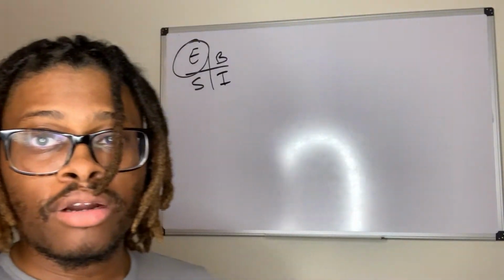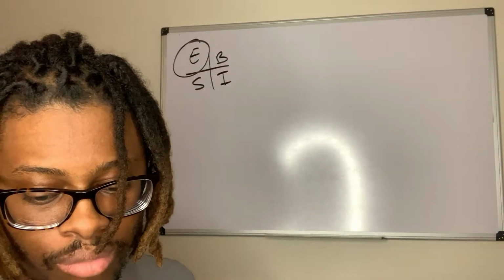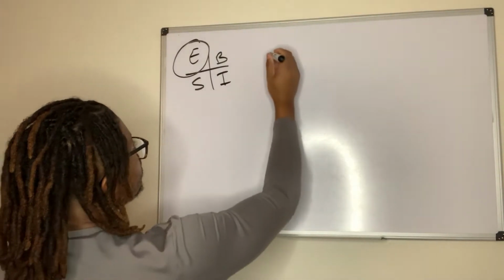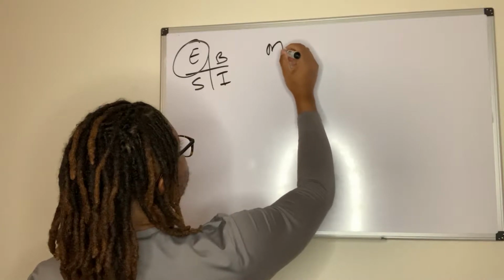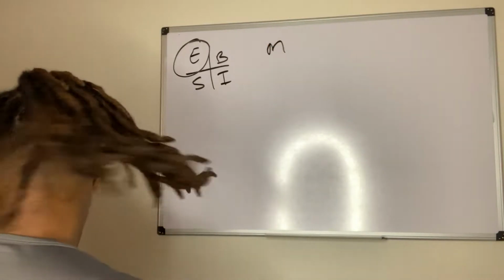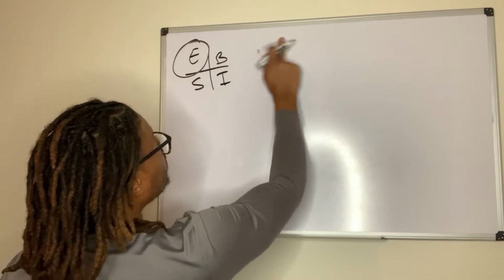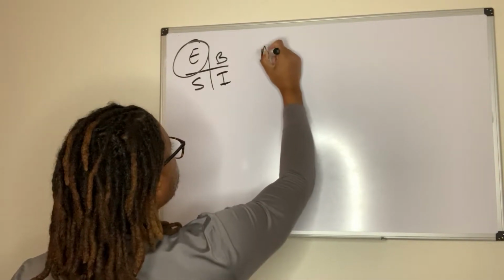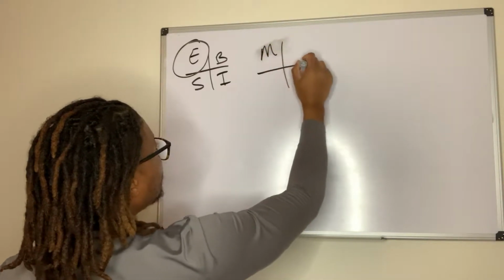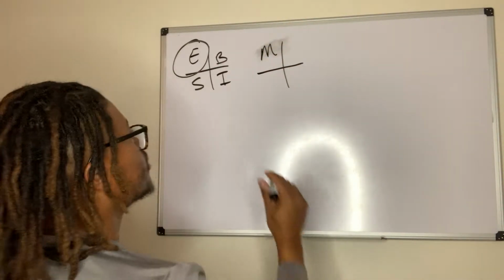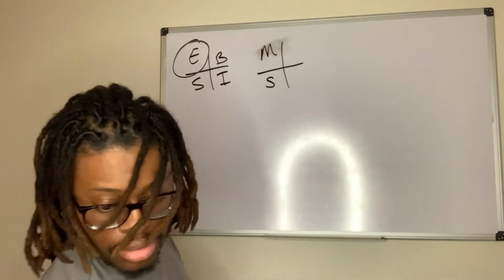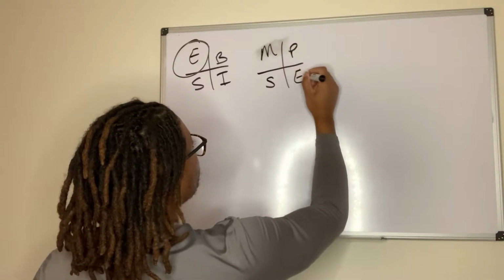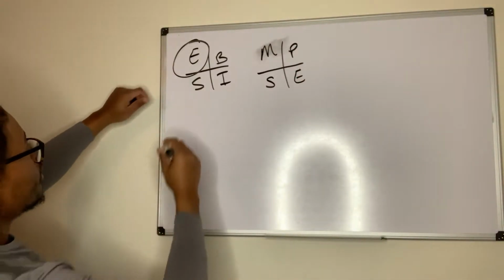So I'm going to write down another quadrant that I came up with while I was driving and it made sense to me. So it's, let's see, M. I don't like that M. Okay, then it's the S, P, and E. Okay, so over here we have employee.